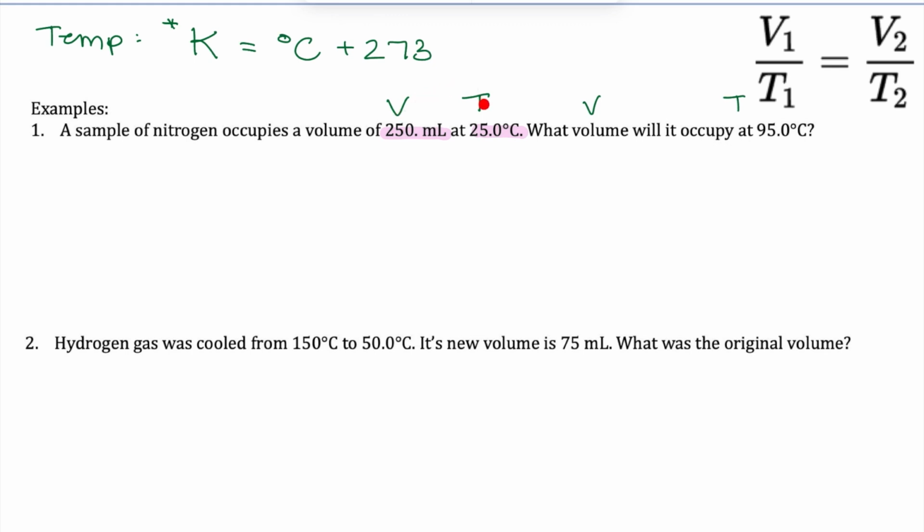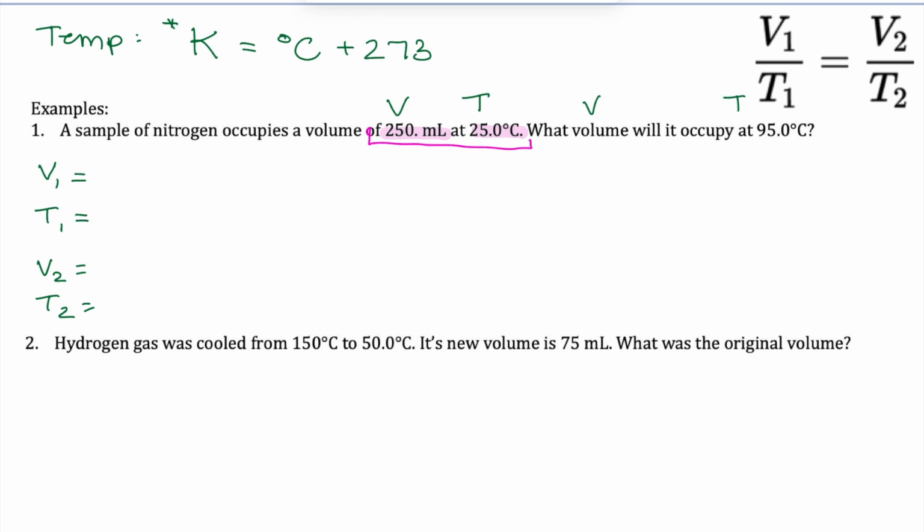So looking at the volume temperature relationship, we can go ahead and set these as which one is V1, which one is T1, which one is V2, and which one is T2. And then we can go through and assign those. Again, it doesn't matter which one is 1 and 2. It just matters that the volume and the temperature are paired together. We do need our volumes in liters.